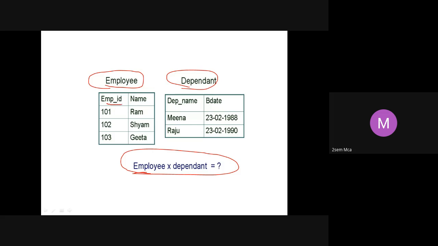The domain of the first attribute, employee ID, has only numbers, whereas the first attribute in dependent is dependent name. So employee ID is a number, dependent name is names. The domain is not the same. It is different.